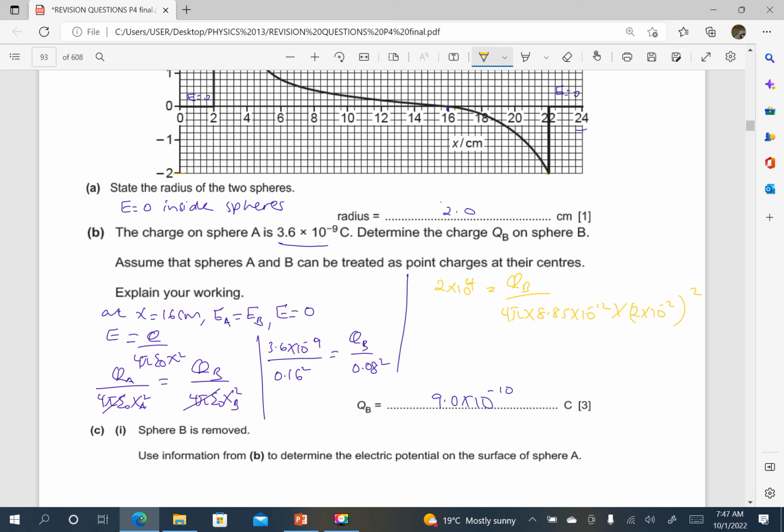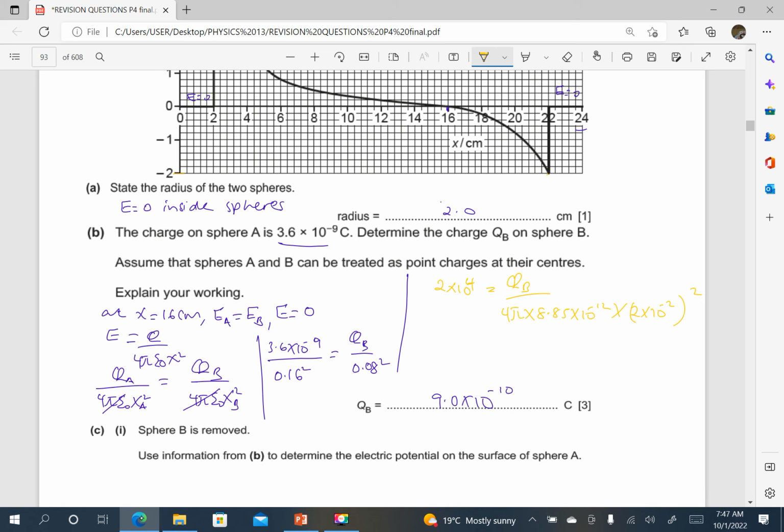So E is 2 times 10 exponent 4 times 4 pi times 8.85 exponent negative 12 times 2 exponent negative 2, squared.